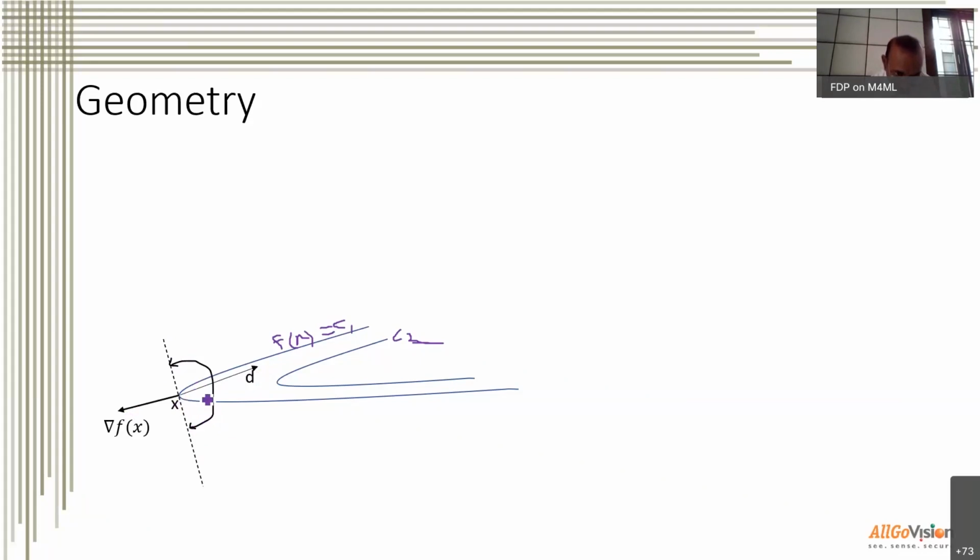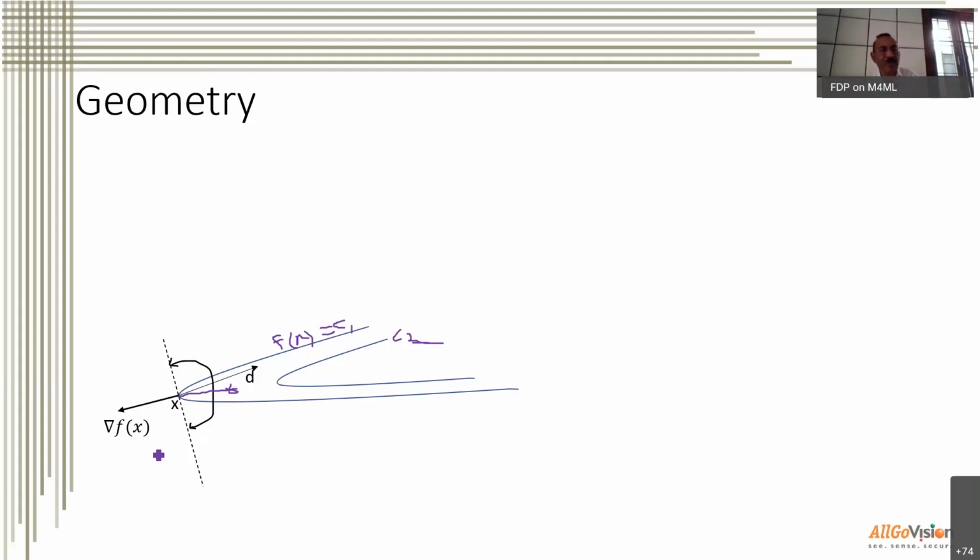Because it is moving inside. However much you move inside, the function value is going to decrease. However, the fastest descent seems to be in a direction which is just opposite to del f x, right? This seems to be the direction of fastest descent, which is minus del f. So you choose your direction to be minus del f, and that's what is called the steepest descent direction.